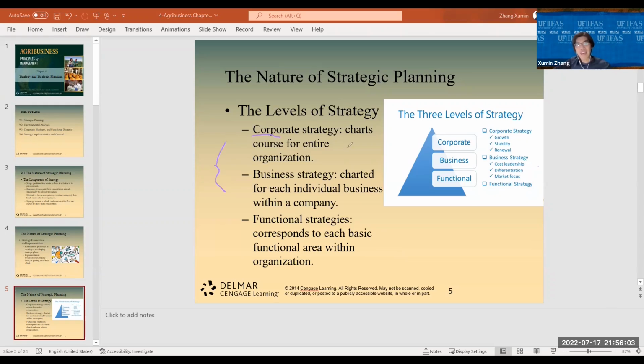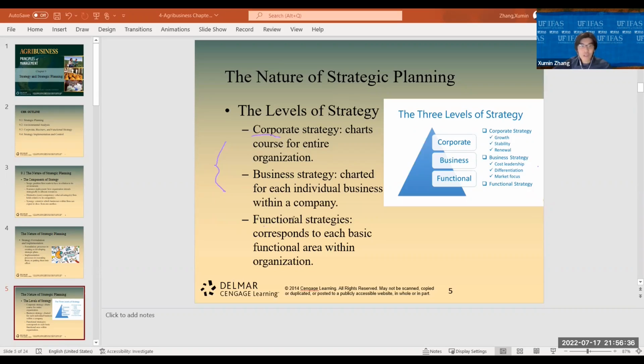At the corporate level, it is comparatively difficult to define one strategy for all. So the corporate level has already defined the strategy for Pizza Hut, Taco Bell, and KFC. Pizza Hut can take the corporate strategy and then develop their comparatively specific business strategy.